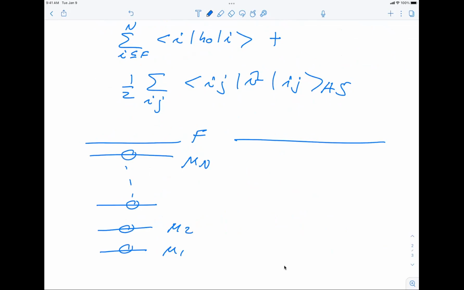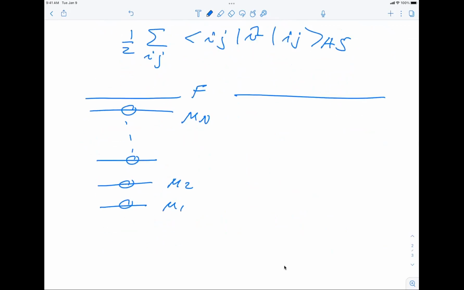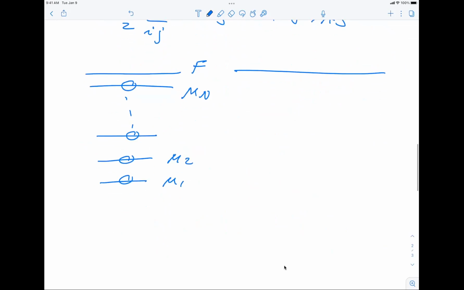So when we run a calculation now, the number of particles doesn't disappear. There is nothing in the Hamiltonian which deletes or annihilates particles. What will happen then is that the new single particle basis, so these are the energies, will be epsilon mu1, epsilon mu2. So everything is plotted with respect to an energy scale.